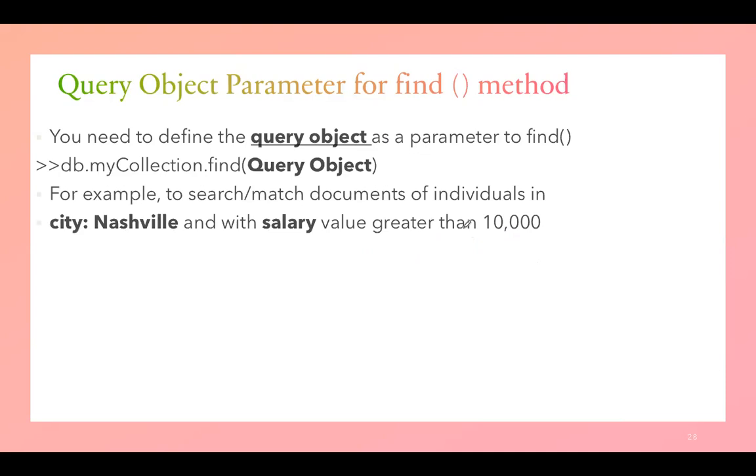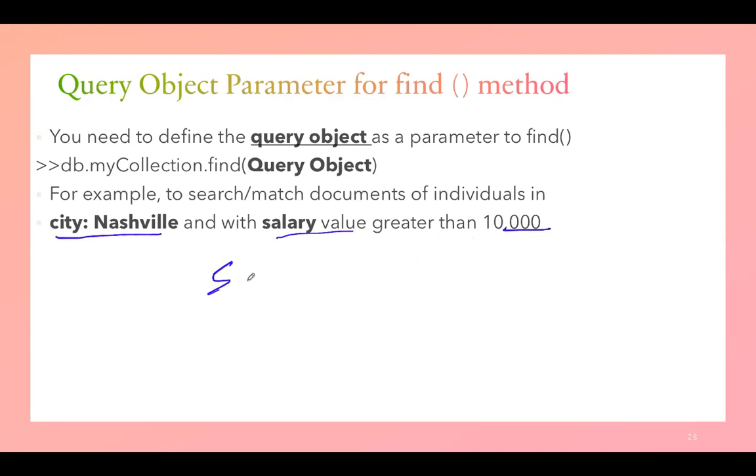For example, to search and match documents of individuals where I'm specifying this field, that means I'm interested in only those documents where the city is Nashville and the salary value is greater than 10,000.